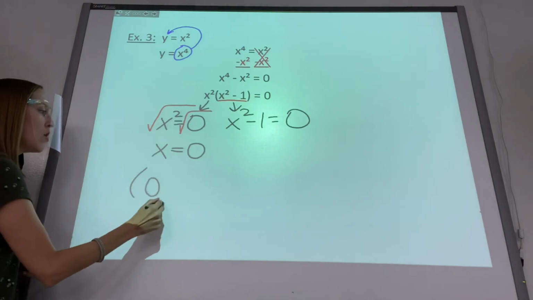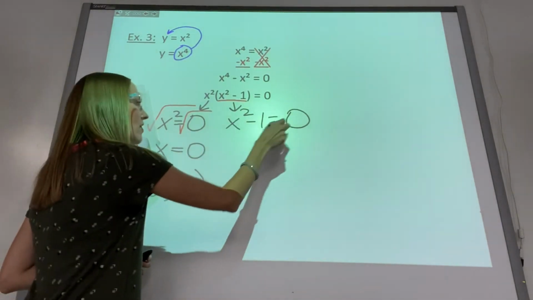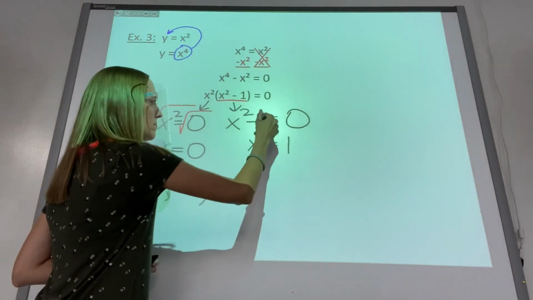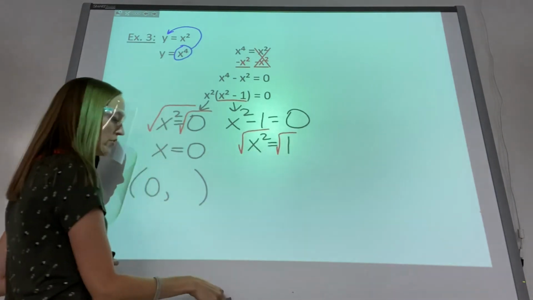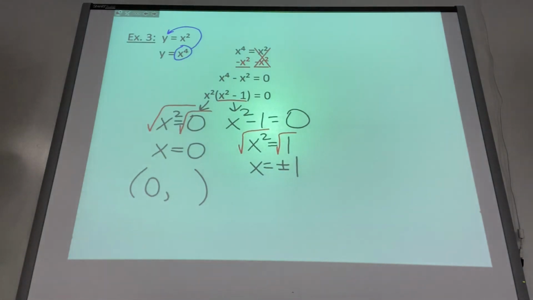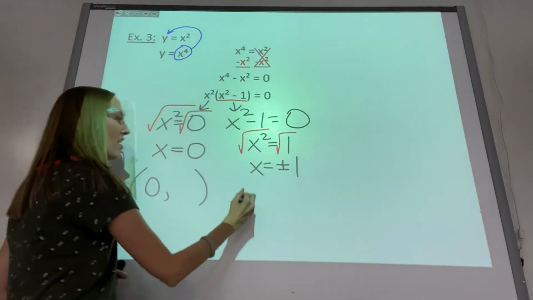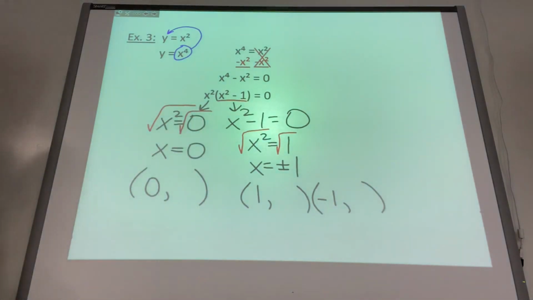So I know one point starts with 0. On the other side, let's add 1 and then square root. That says x equals plus or minus 1. So there's 3 points of intersection here. One of them starts with 0, another one starts with -1, another one starts with +1.